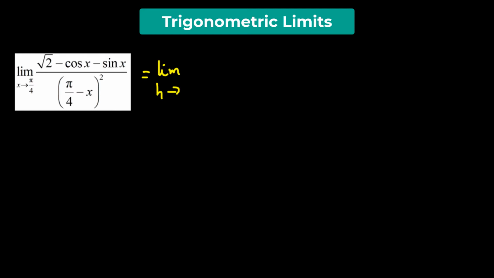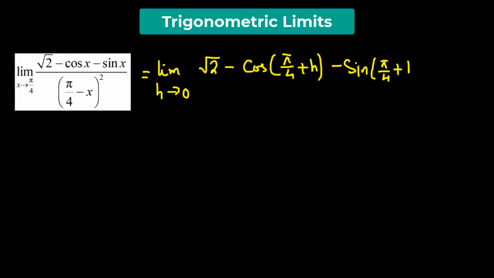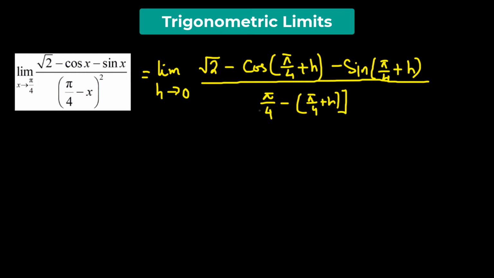So we have h tending to 0, square root of 2 minus cosine of x, where x will get replaced by pi over 4 plus h, minus sine of pi over 4 plus h, whole divided by pi over 4 minus pi over 4 plus h, whole squared.